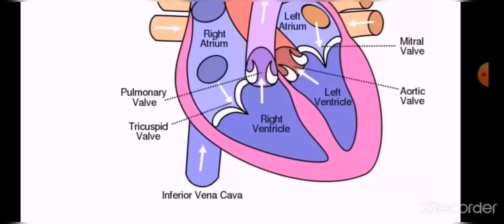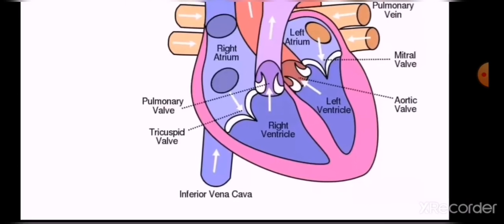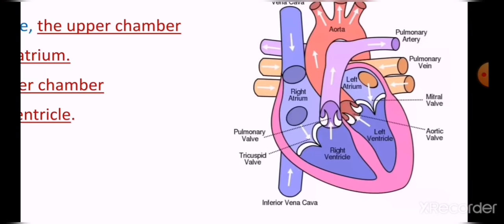And the ventricle located in the right side is called the right ventricle, and the ventricle in the left side is called the left ventricle. So we have four chambers of the heart: right atrium and right ventricle, left atrium and left ventricle.